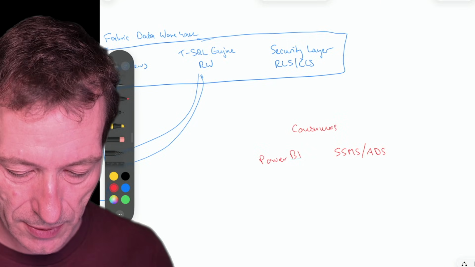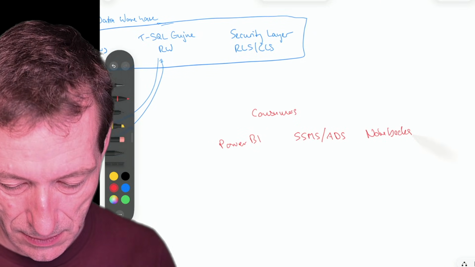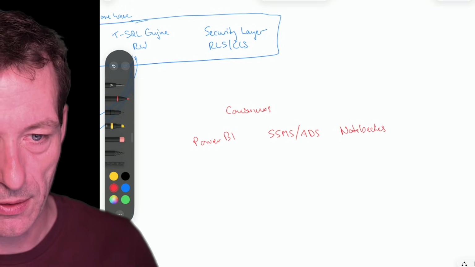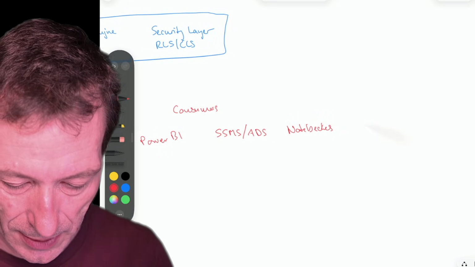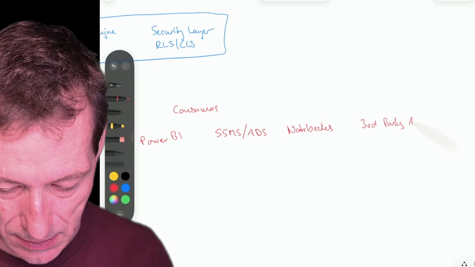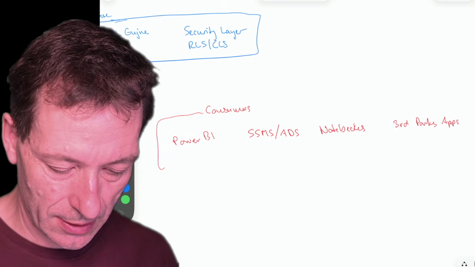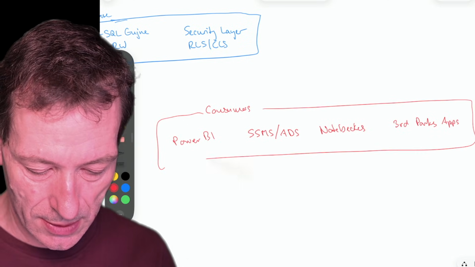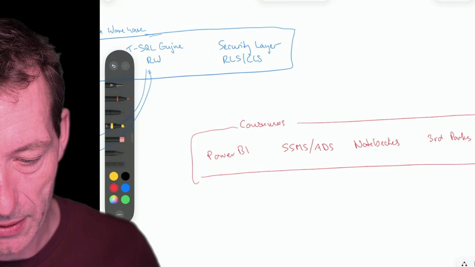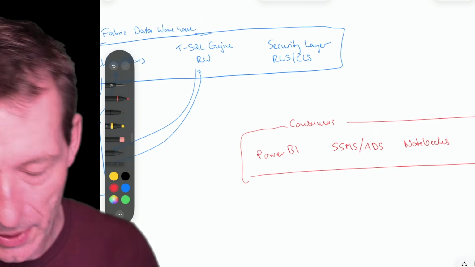You have notebooks, which is Python code basically, and you have all the third-party apps that can access your data. So this is the rich set of potential consumers, not to mention things like the GraphQL, REST API, and so on. So they can all, and more, right?